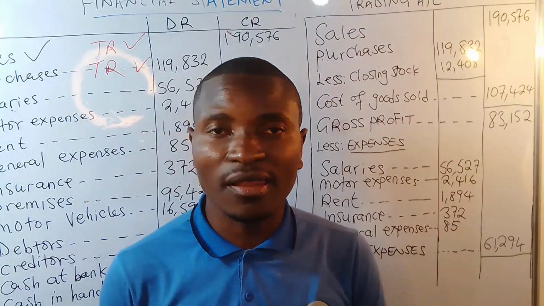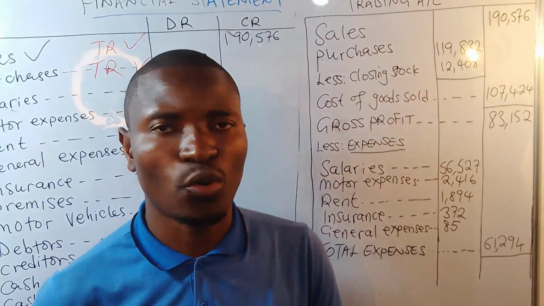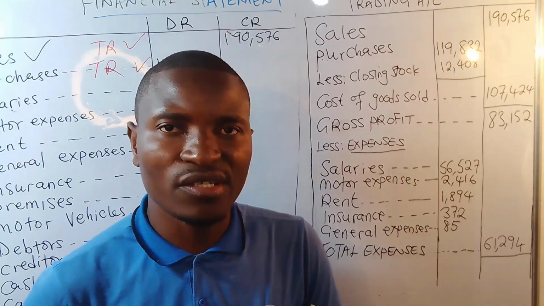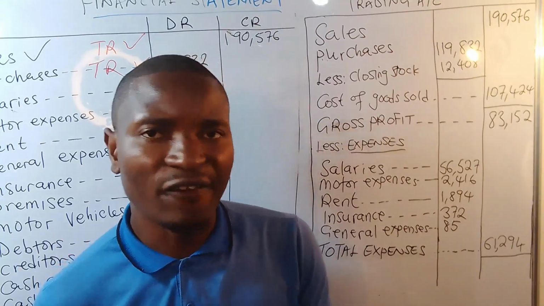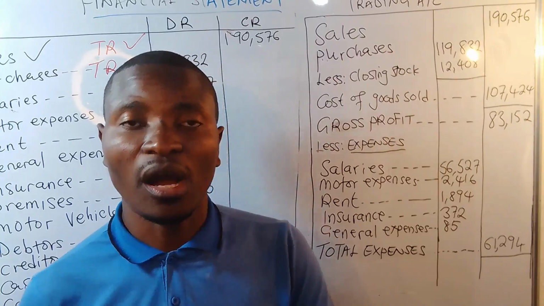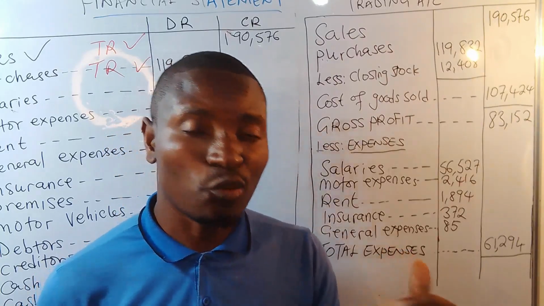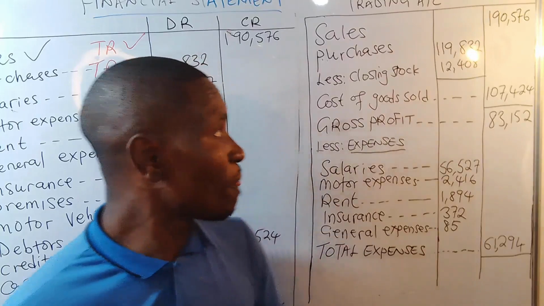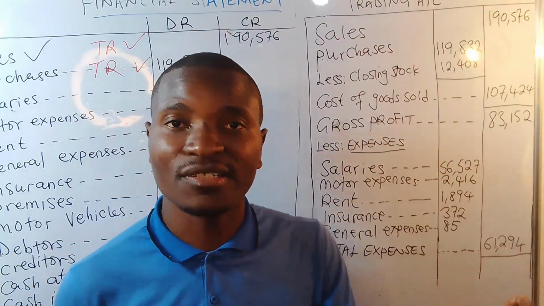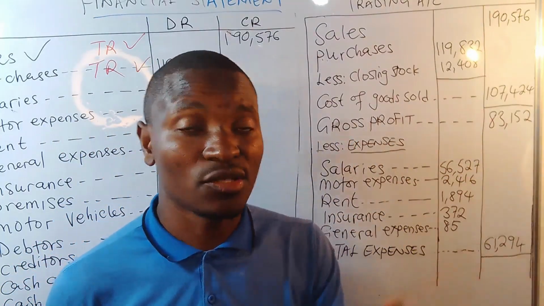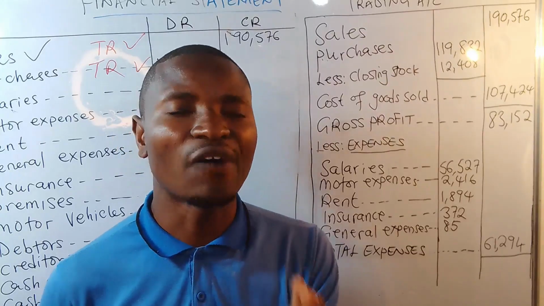So you can see that most of us business people or entrepreneurs or even just investors, we have to be very careful when it comes to calculating the profit that your business is making. Okay, so the gross profit isn't the actual profit that your business is making. So you have to be very careful.